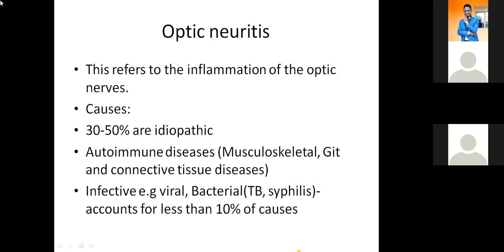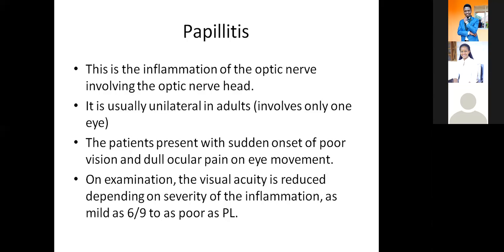Where inflammation involves the optic nerve behind the eyeball, that is retrobulbar neuritis, and papillitis, where inflammation involves the head of the optic nerve, and it is usually unilateral in adults.